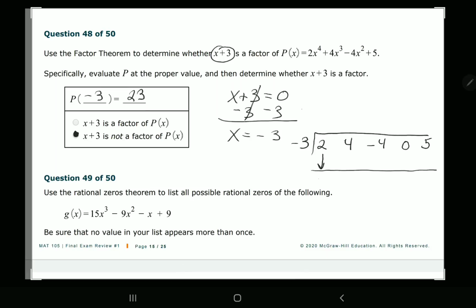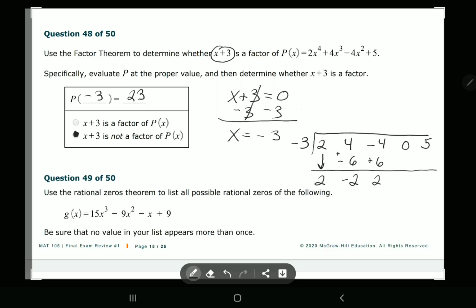Bring down the first term, which is 2. You're going to take that 2 and multiply it with that negative 3. 2 times negative 3 is negative 6. Here you're going to combine. 4 minus 6 is negative 2. Multiply again. Negative 3 times negative 2 is positive 6. Negative 4 plus 6 is positive 2.